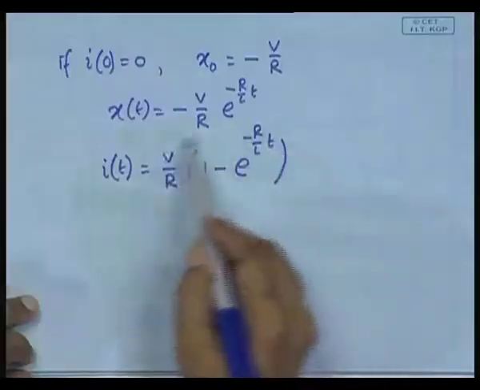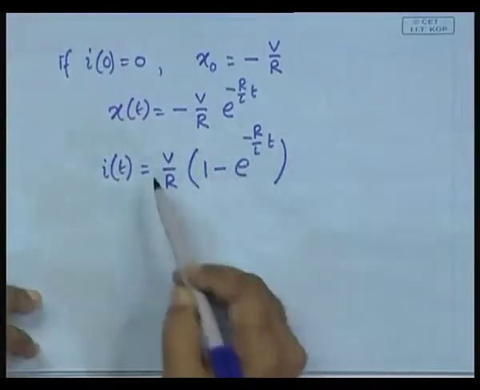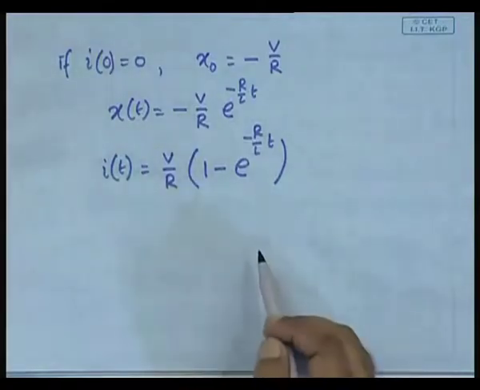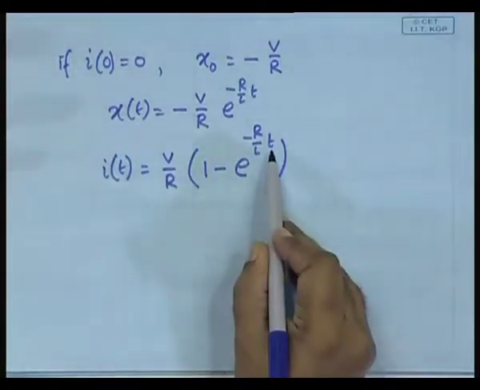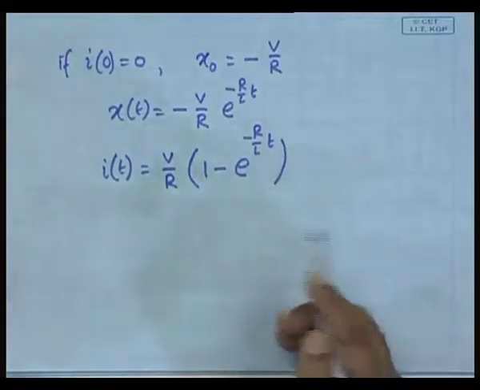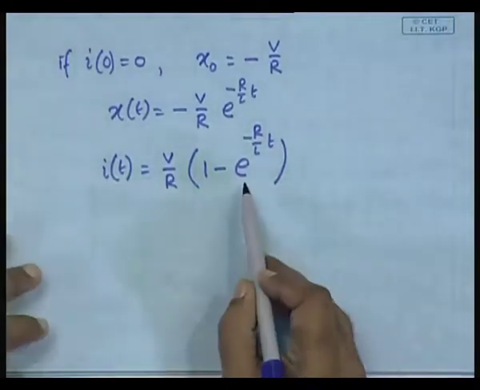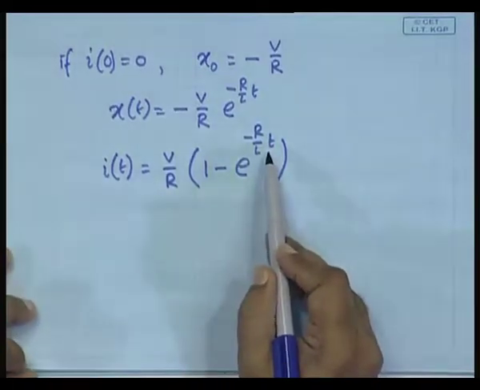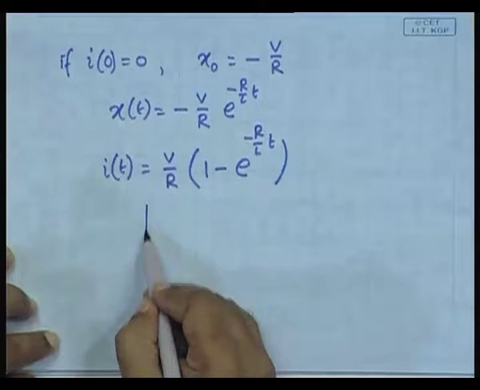But at this stage, it will be necessary for us to introduce the question of how fast or how slow it goes there. For example, what will the solution be like? How will the graph look? At t is equal to 0, it will be 0, since 1 minus 1 is 0, and when t is equal to infinity, it is V by R. So, it rises like this.